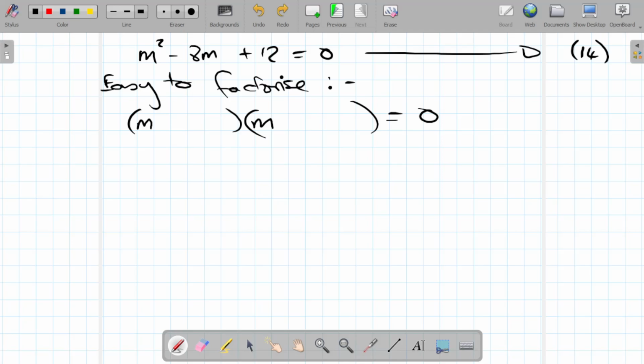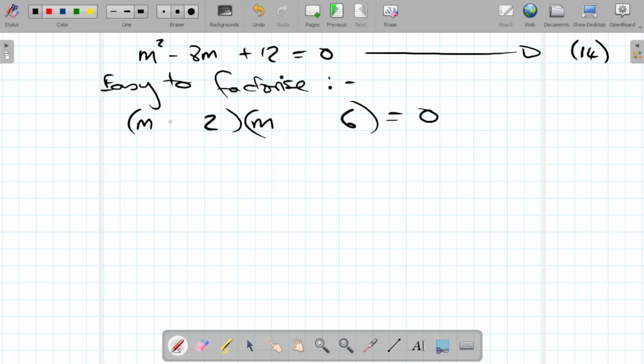Likewise, we can't have 3 and 4 because 3 and 4 gives 12, but the sum of 3 and 4 does not give minus 8, regardless of what the signs are. But we do find that we can have 2 and 6 because 2 sixes are 12.